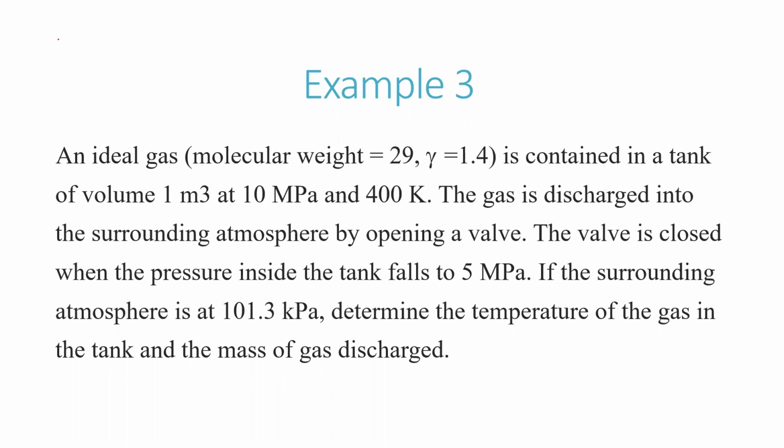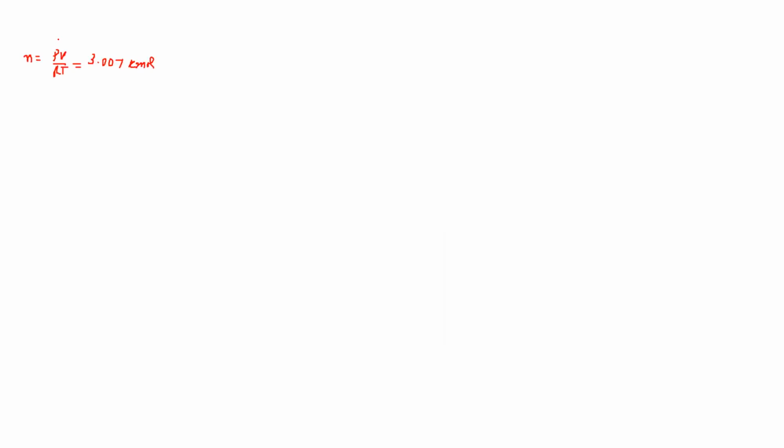All right, the gas is discharged into the surrounding atmosphere by opening a valve. So this is present in a tank, and this gas is then discharged into the surrounding atmosphere by opening a valve. So basically the volume is going to remain constant once again at 1 meter cube, right?